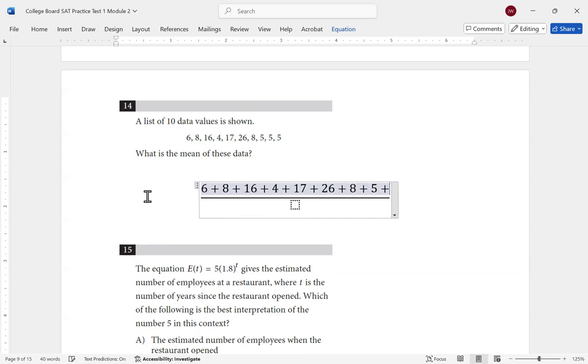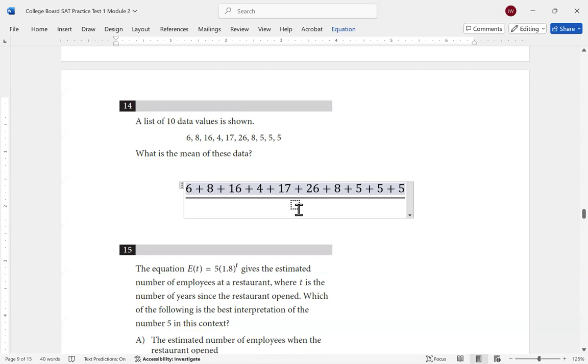all of these values, 6 plus 8 plus 16 plus 4 plus 17 plus 26 plus 8 plus 5 plus 5 plus 5.